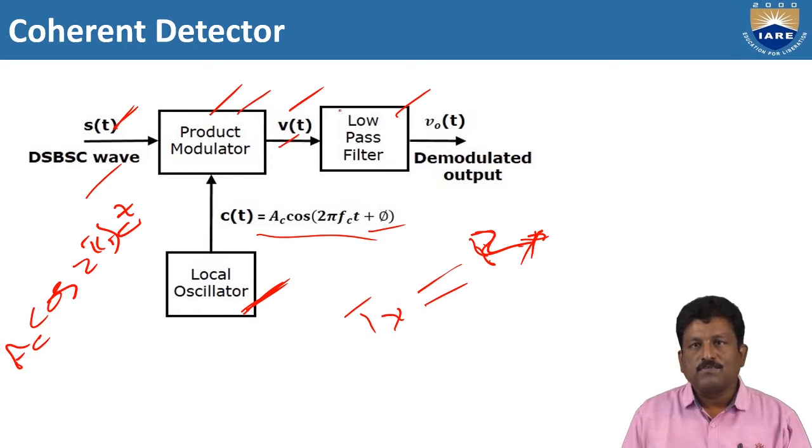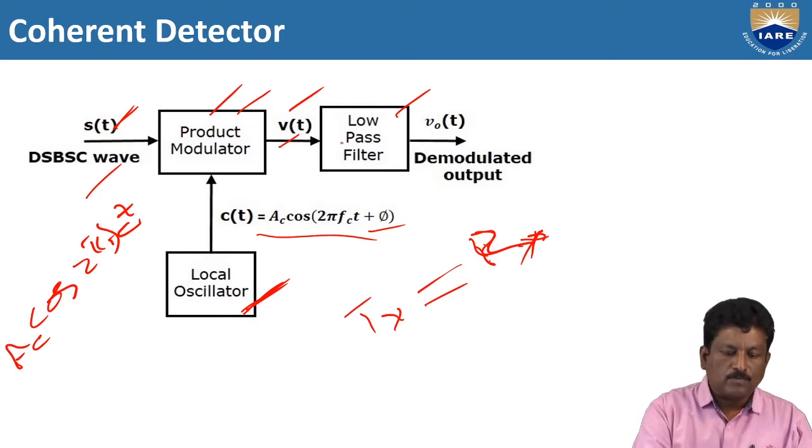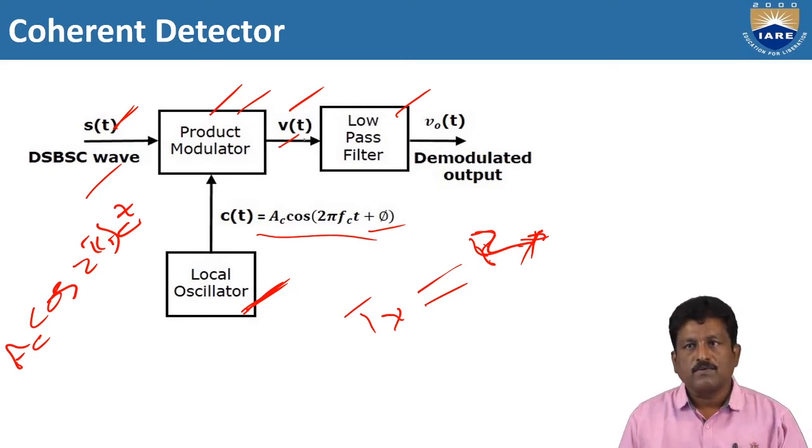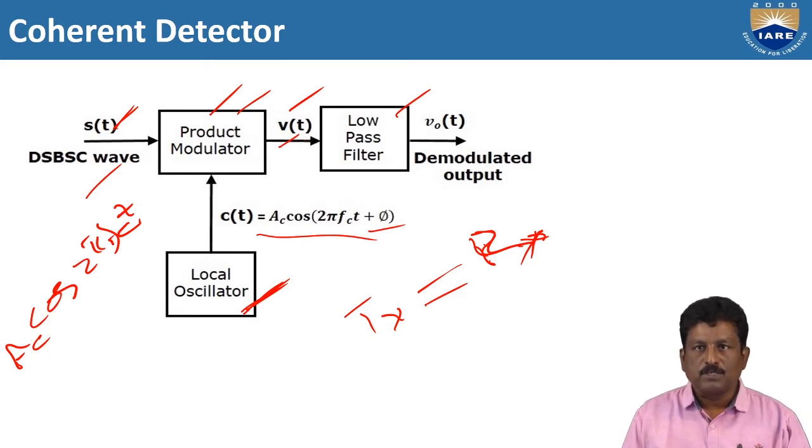From this v(t), our aim is to retrieve the original modulating signal. It consists of low frequency components, the audio signal frequency range, available from 20 Hz to 20 kHz only. So we use a low pass filter, since v(t) is a combination of both high frequency and low frequency components. We'll see the mathematical derivation next.